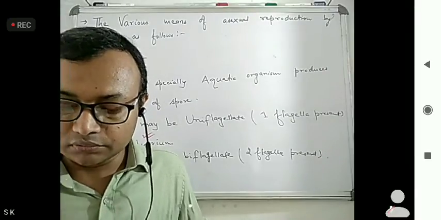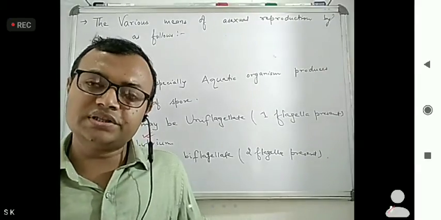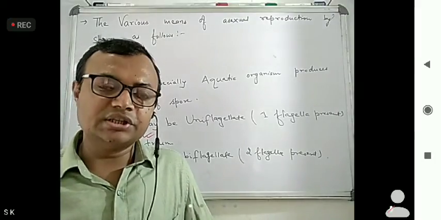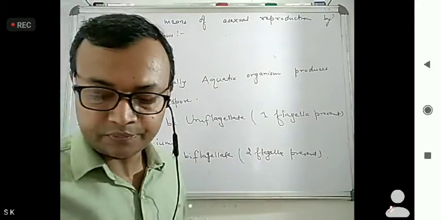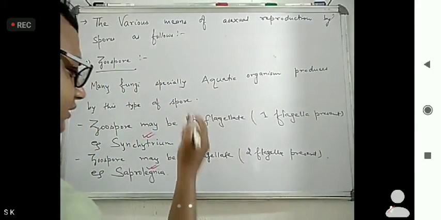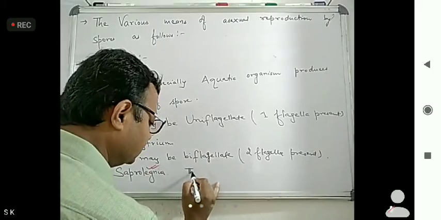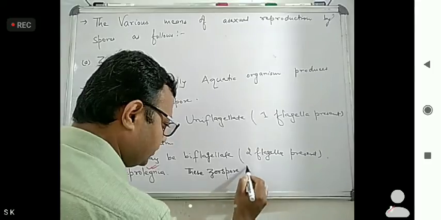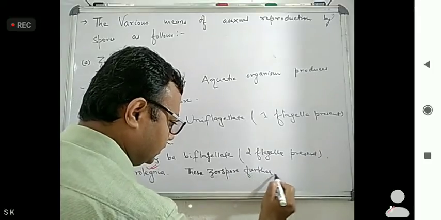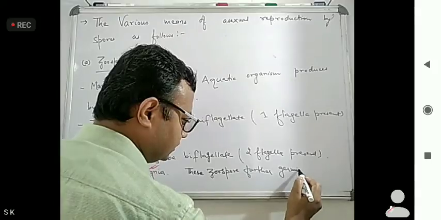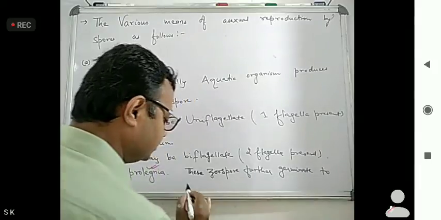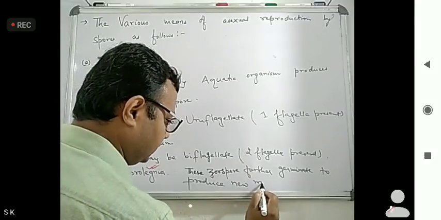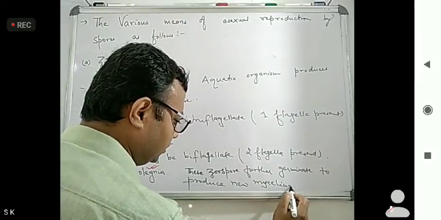Now, one more is there after zoospore. The next one is sporangiospore. And we know that zoospores further germinate to produce new mycelium, and this new mycelium grows into new fungi.